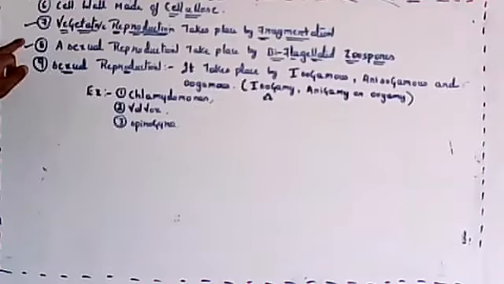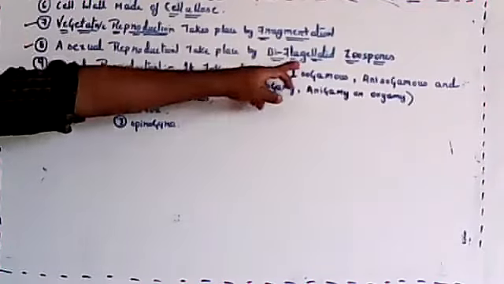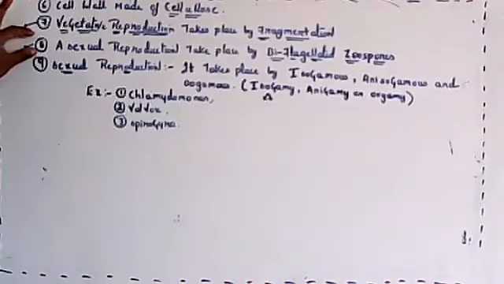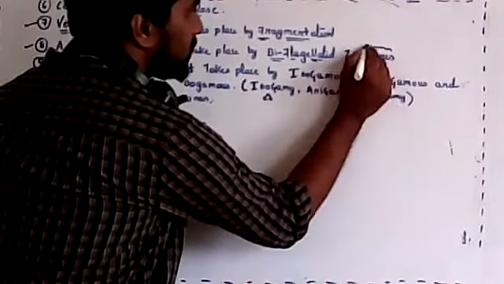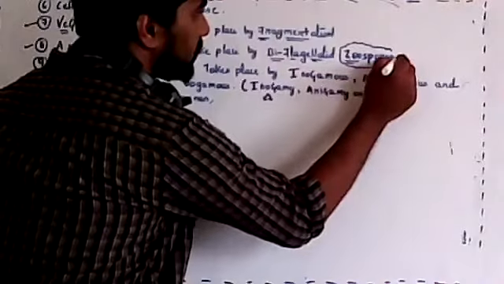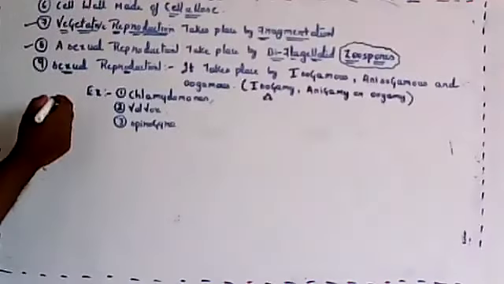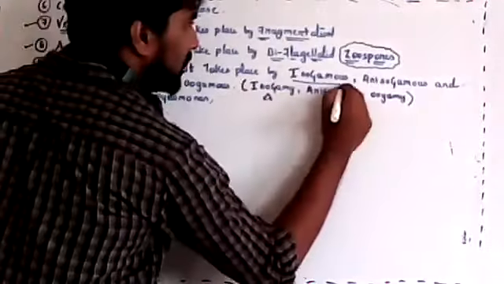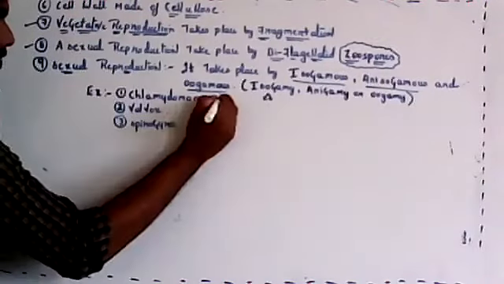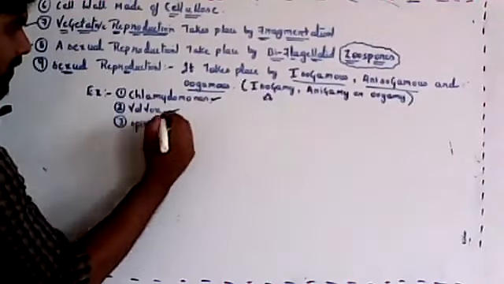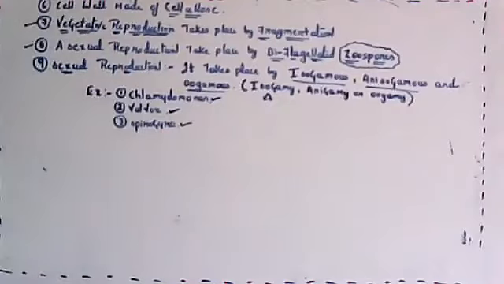Spores are produced directly, and in green algae they are known as zoospores. Sexual reproduction takes place by three methods: isogamous, anisogamous, and oogamous. Examples: Chlamydomonas, Volvox, and Spirogyra come under green algae.